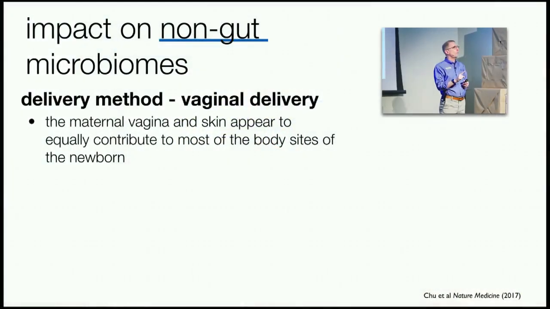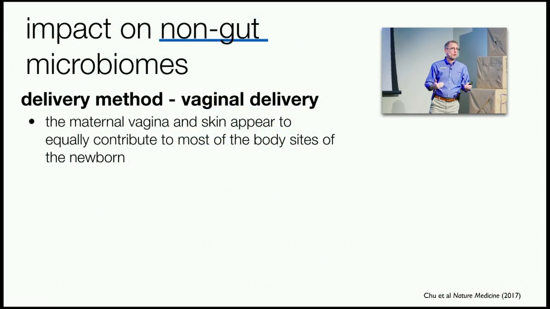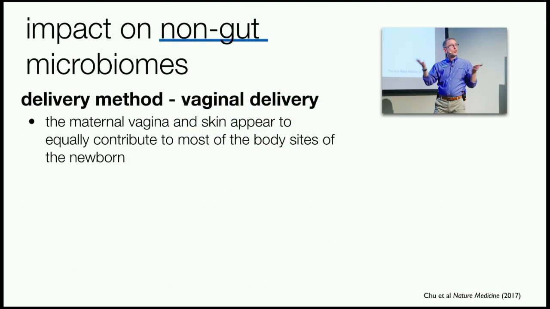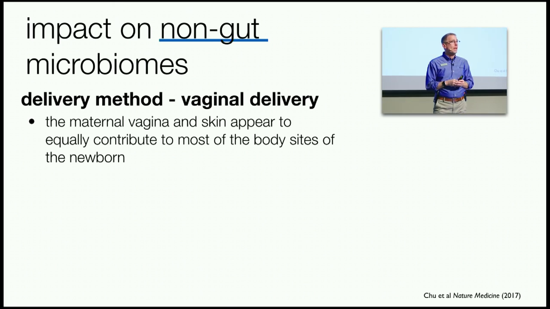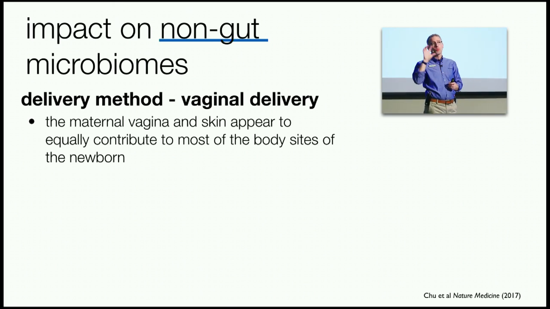All right, let's start by talking about the impact on your non-gut microbiome, so your skin microbiome. One of the key places where this is different is the way that an individual is born: vaginally through the vaginal tract, or by C-section. Being born through the vaginal tract gives you what is called your bacterial baptism.